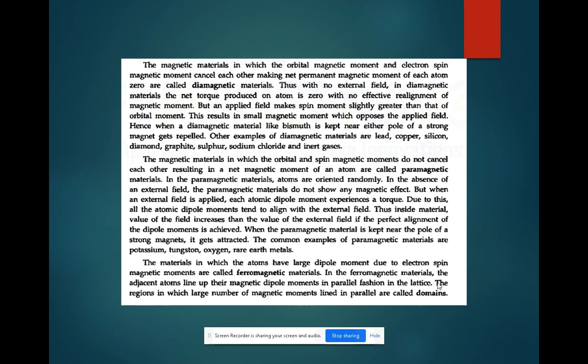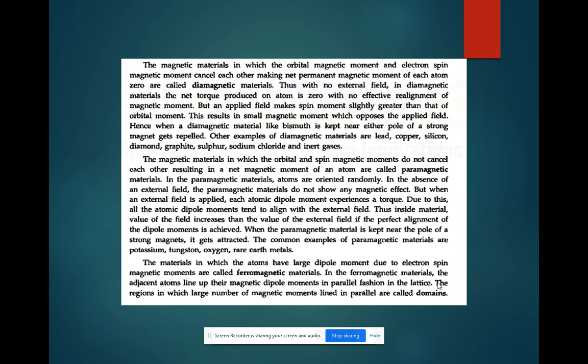If you apply a field to the magnetic material, what will happen? The magnetic moment which is present here is very minute, and it will oppose the applied field.